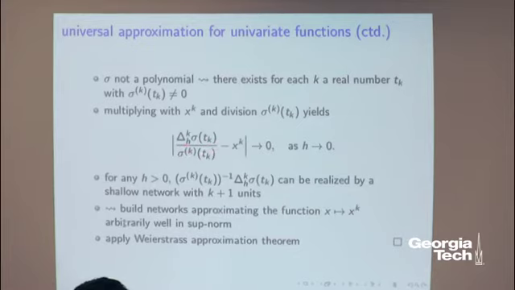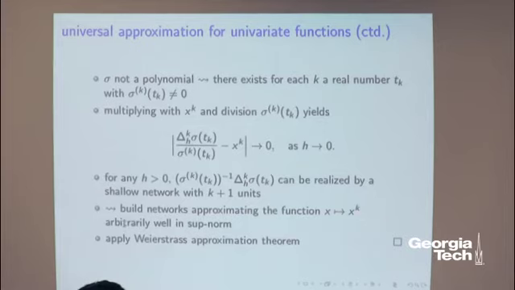And that means somehow with these shallow networks, if you make h small, you can arbitrarily well approximate the polynomial x to the k. And you can do that for all k's. So if you look in the closure of the space, you can approximate in sup norm actually all polynomials.